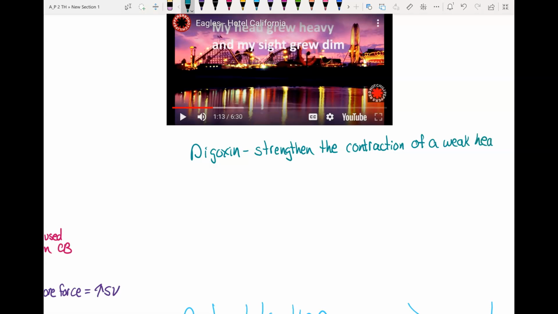Like if someone has heart failure and their heart is just weak and it can't pump very well, they're going to have a really low stroke volume. So digoxin is in there to increase the strength, increase the force of the contraction, and get that stroke volume up. So the point of digoxin is to increase the force.